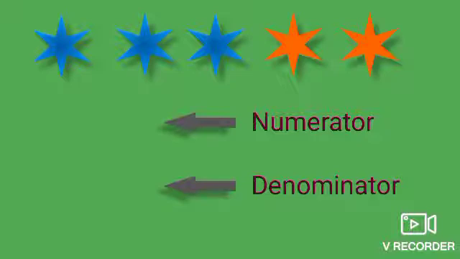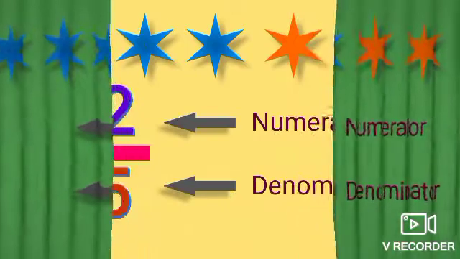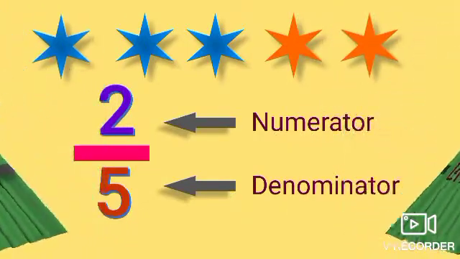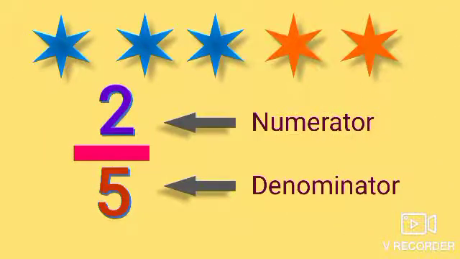So here at the place of numerator which number you are going to write and at the place of denominator which number? There are how many stars? There are 5. So that you are going to write in the denominator place and you have colored only 2. So that you are going to write in the numerator place.